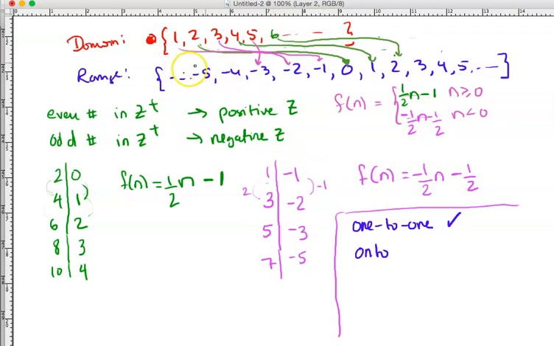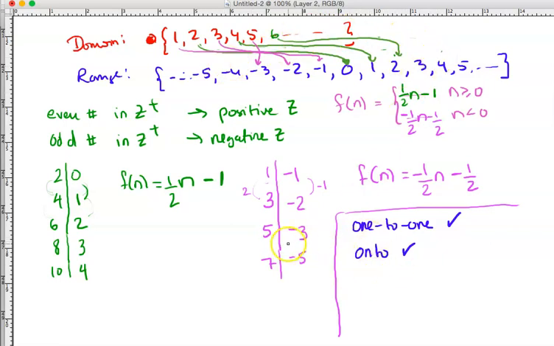So onto means, are all the values in my codomain used up? Am I accounting for all of them? Again, it is an onto function because as I go to larger numbers, more positive, more negative, I can keep going. I have an infinite number of even values and odd values that I can connect them with.